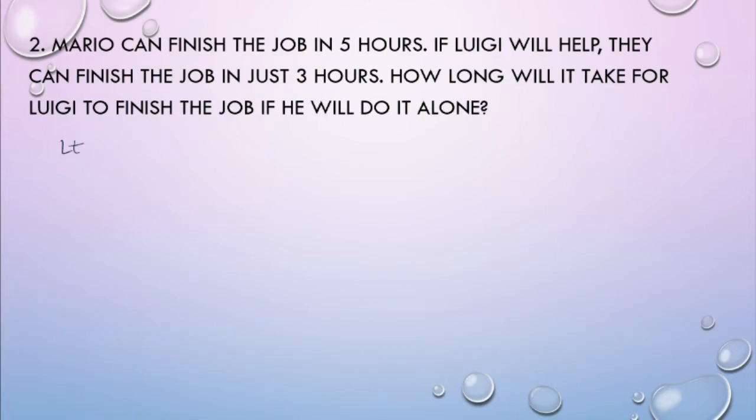So we can let our t sub 1 be 5. That is the number of hours of Mario. Then t is the number of hours if they were together, and that is 3 hours. So ang missing is yung t sub 2. This can be x. Okay, so our equation will be 1 over 5 plus 1 over x equals 1/3.